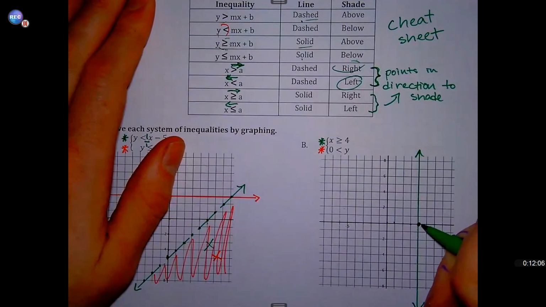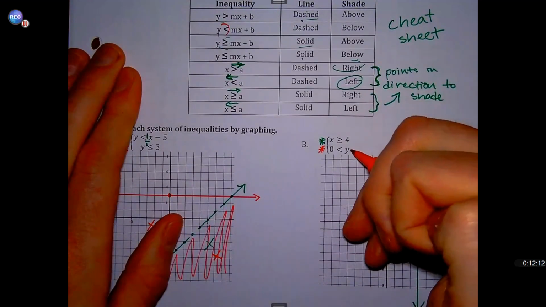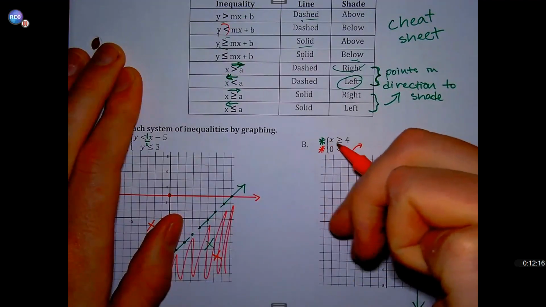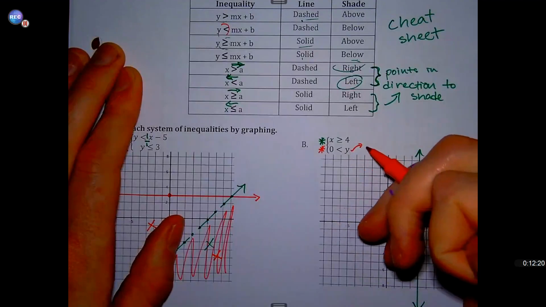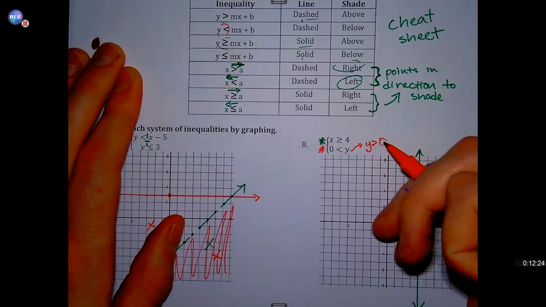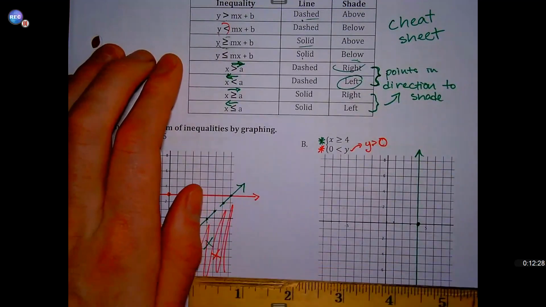From here, let's go over to our red one. Remember, I want to make sure that all my variables that I'm solving for are going to be on the left-hand side of my equation. So y is on our right-hand side, so let's flip it. The mouth is open towards y, so it's going to be open towards it when we flip it as well. So y is greater than 0 is our number.